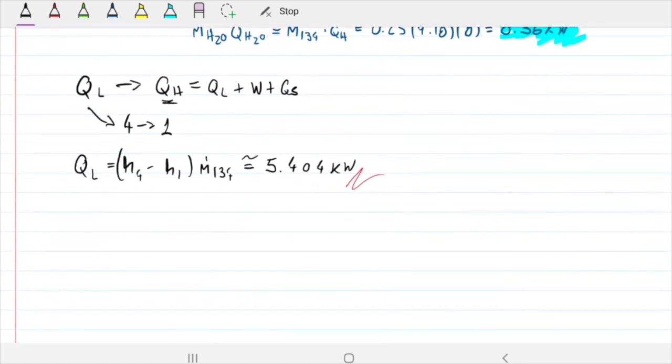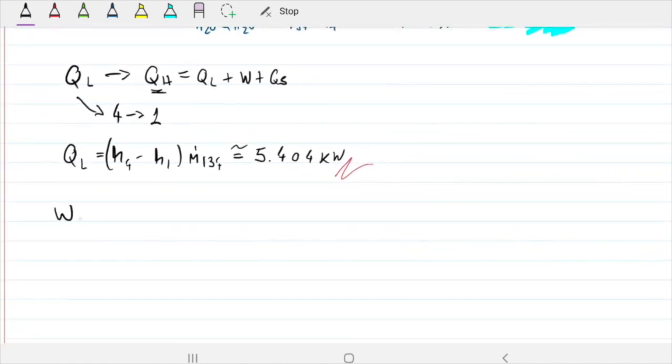So we could do the work of the compressor. We know the compressor works when we go from state 1 to 2. And we also have to subtract that 450, right? Now this would be incorrect if we just did this math. Why? Because this is in kilojoules per kilogram and this is in watts. So that doesn't work out well. So what do we need to do?